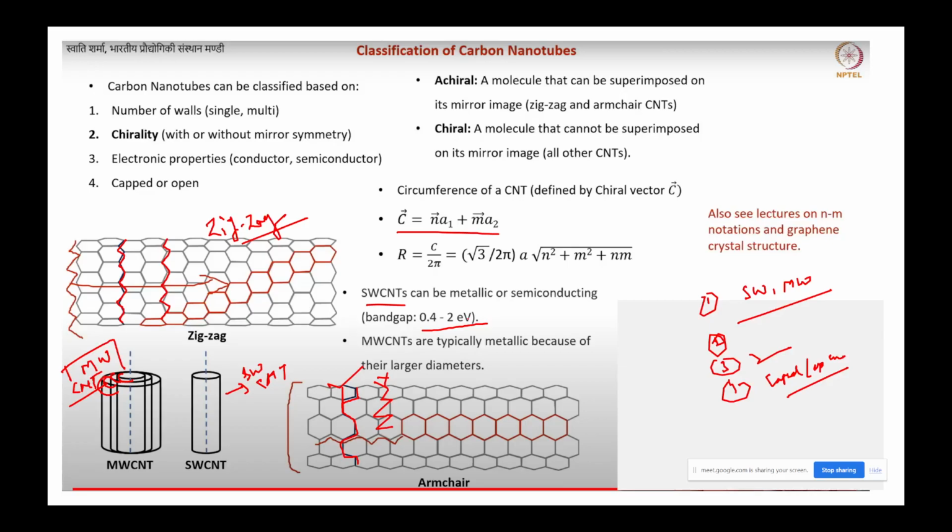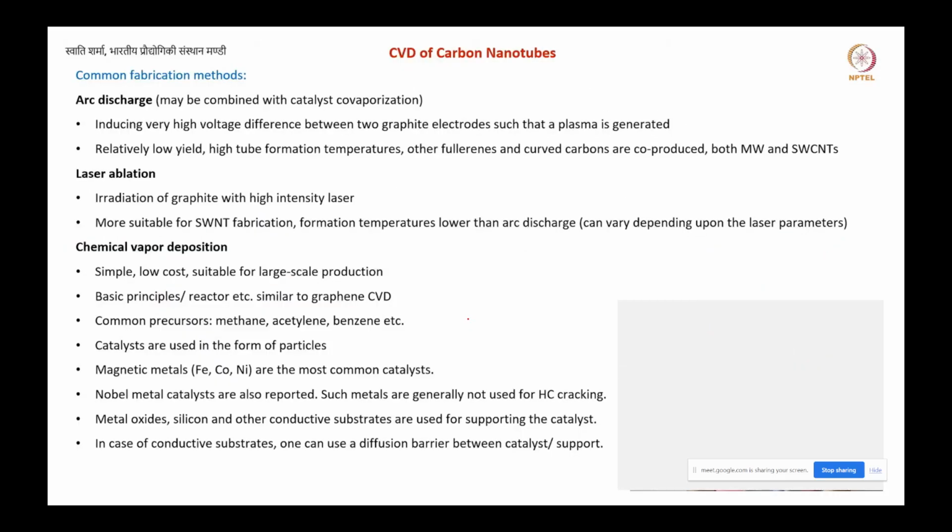Okay, so I hope it is clear what is chiral and achiral, how the multi-wall and single wall look, what properties they have, and how the electronic properties depend on single wall and multi-wall. Okay, is it clear?